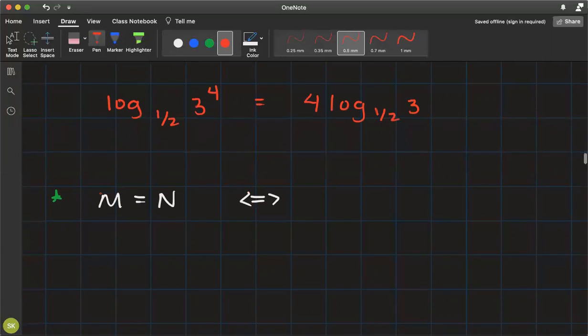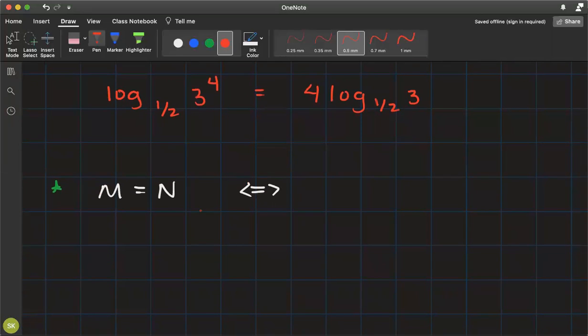The last rule I want to talk about right now is if you have two things that are equal, then you can put any log you want in front of each and you'll get that these are equal, as long as they have the same base. So log base a of m is equal to log base a of n.